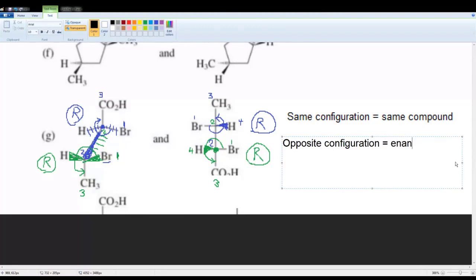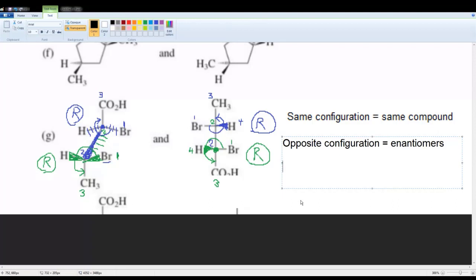Oh wait, would that count as if one compound was SS and the other was RR? Yes. So if one was SS, the other was RR, or if one was SR and the other one was RS. Okay, that makes sense. Any case in which their configurations are opposite, that's when they're going to be enantiomers.